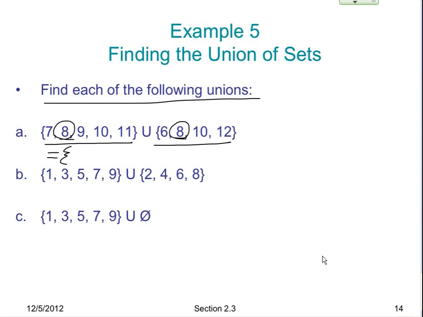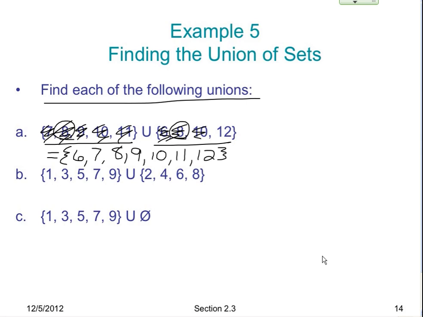So we've got a 6, we've got a 7, we've got an 8, we've got a 9, we've got a 10, we've got an 11, and we've got 12. So the union of those two sets is 6, 7, 8, 9, 10, 11, and 12.